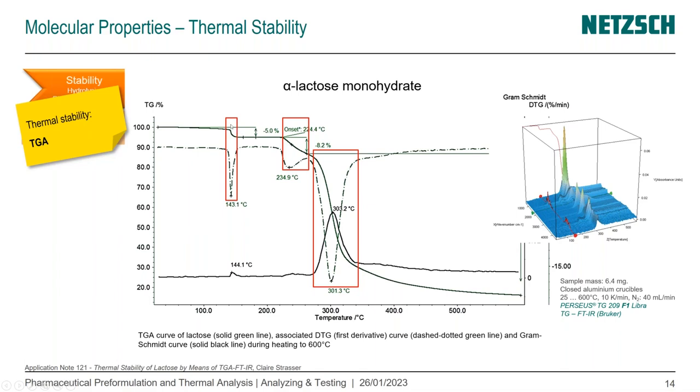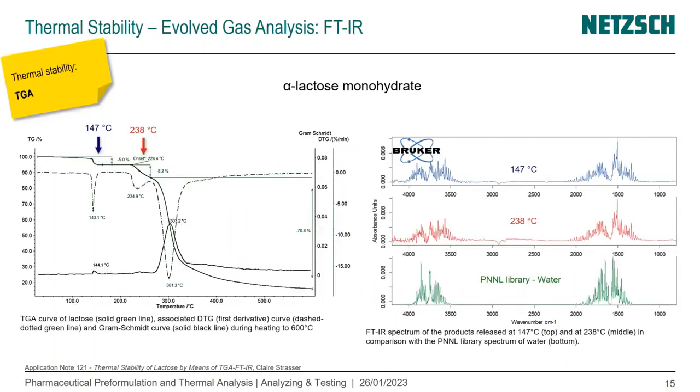Here I'm highlighting the first step, that is related to the release of the crystal water, and 2 steps in the degradation process. We can decide at which temperature we are going to extract a 2D spectrum, and then we can analyze this spectrum, comparing it with the library.